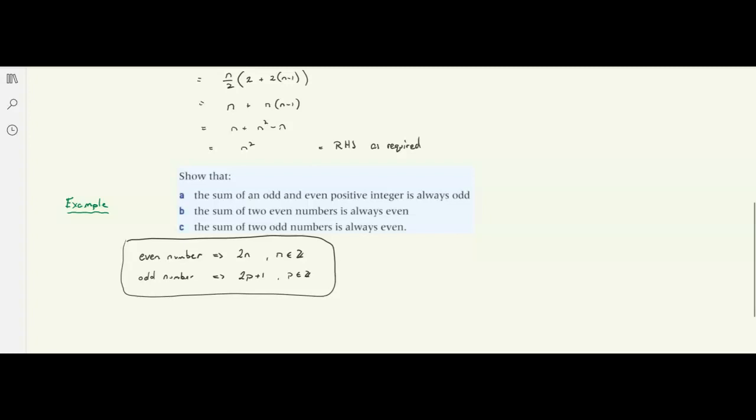So A will be: prove that the sum of an odd and an even positive number is always odd.